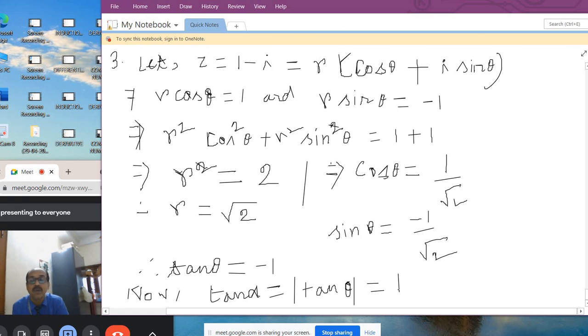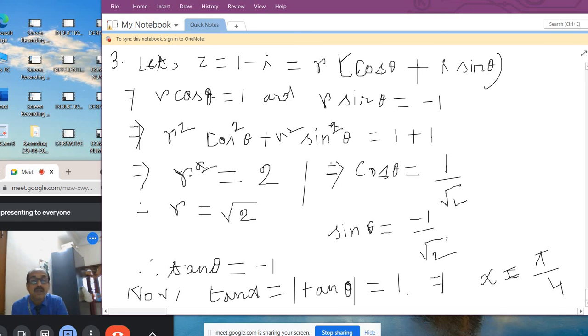Now 1 means tan pi by 4, tan 45 degree. So tan alpha equal to tan pi by 4, so alpha equal to pi by 4. Alpha is pi by 4.